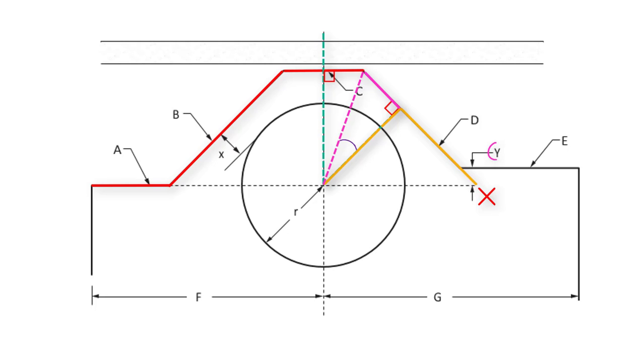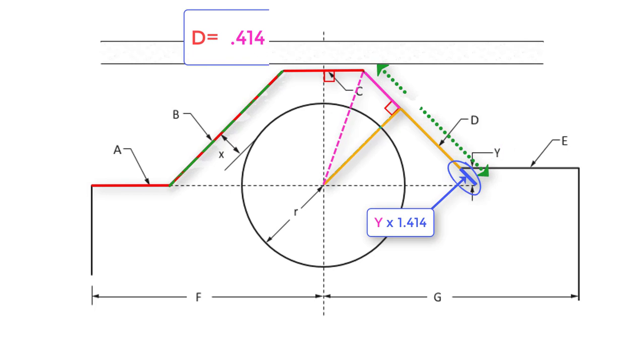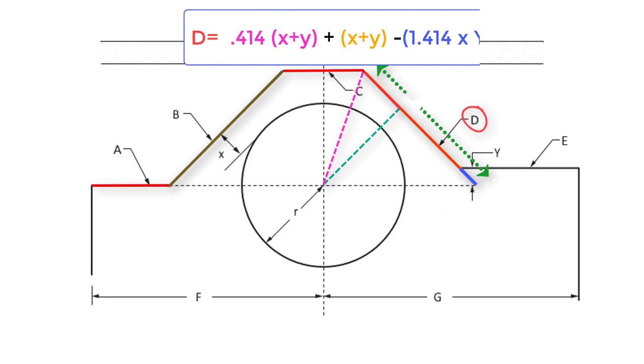Dimension Y, which will need to be given to you. So I'm going to create another 45 degree triangle that uses Y as a side. Now we can use Y times 1.414 to calculate the hypotenuse of this little triangle. Then we deduct this dimension from this length here to get D.